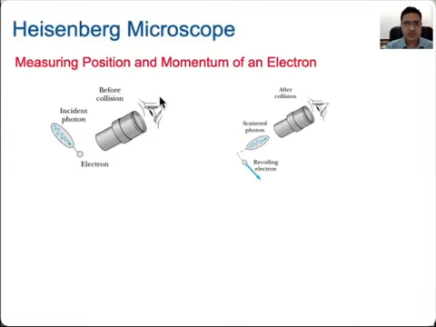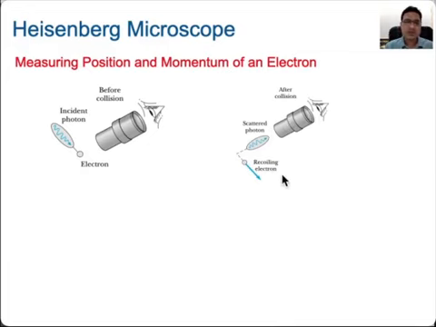This is a thought experiment, and what he said is, okay, let's measure the position and momentum of a particle. So here is an electron which is at rest. You shine a light. When the light is scattered from this electron, you measure this scattered light with a microscope. When this photon interacts with this electron, it also imparts some momentum to the electron, and then this electron becomes a recoiling electron, and this scattered photon goes along the direction of the microscope.